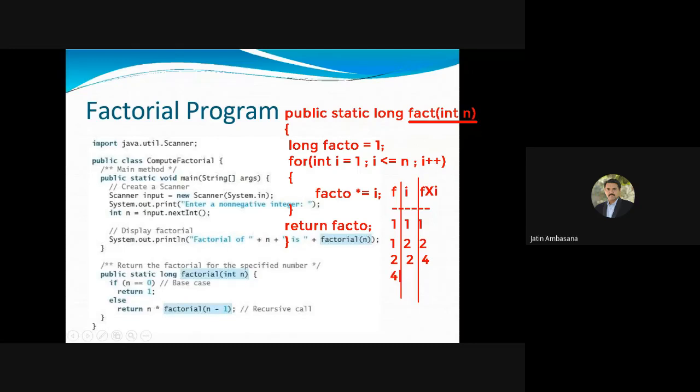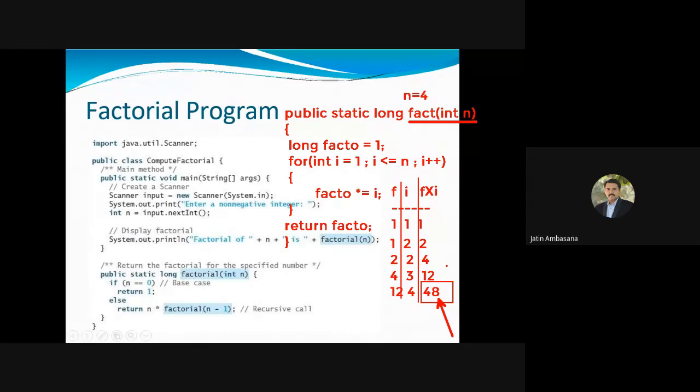Now f is 6, i is 4, and 6 into 4 is 24. Similarly, this is the result we get when n is equal to 4.